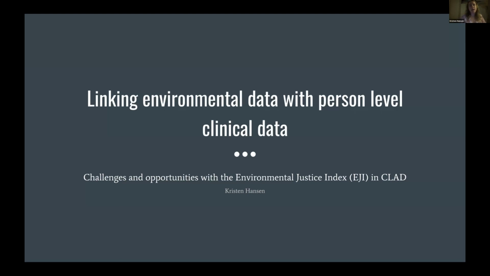I have to deal with a lot of the challenges and opportunities with linking these two disparate data types when there aren't existing standards to do so. We are limited in some ways to a case study of using the Environmental Justice Index from the CDC, and I will henceforth refer to it as EJI.